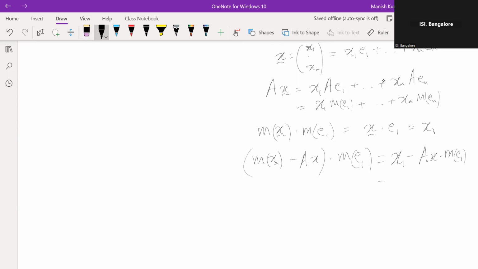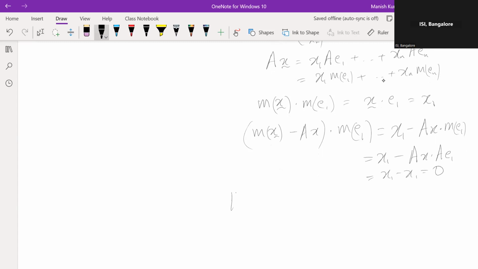So this is x1 minus Ax dot AE1. But this also preserves, since A is orthogonal, this is the same as x dot e1. So it's x1 minus x1, which is 0. So Mx minus Ax dot ME1 is 0. But I can do this with any Ei, not just E1.